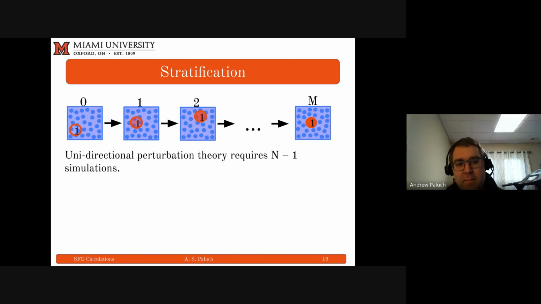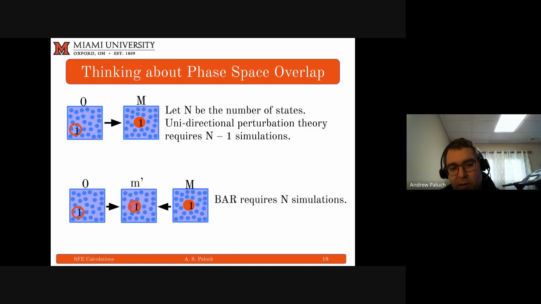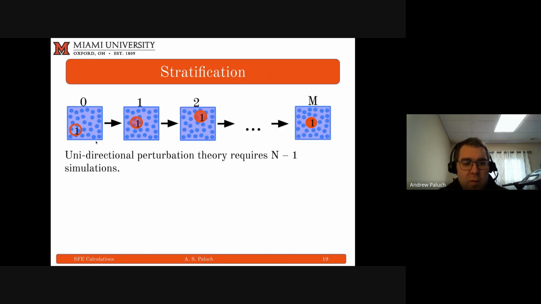Now, if I just think about perturbation theory, meaning performing my simulation in state 0 and trying to estimate m, as compared to BAR: if I want to use stratification with perturbation theory, I'd perform a simulation in state 0, 1, 2. The only one I wouldn't need to perform a calculation in is state m. So I would need to perform n minus 1 simulations to calculate the n minus 1 differences in free energy to estimate the value in going from 0 to m.